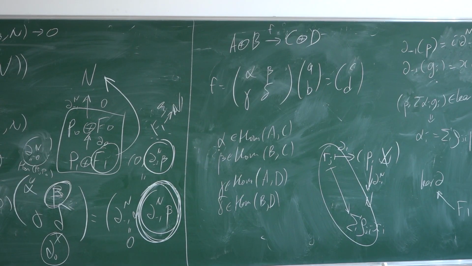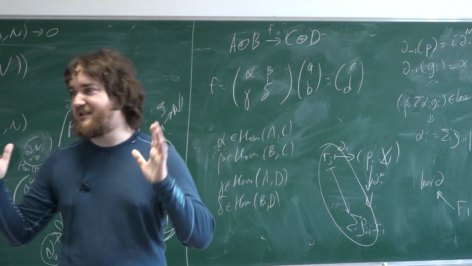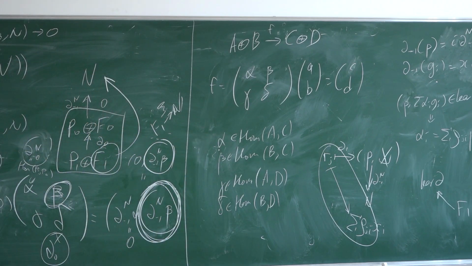You can also show the opposite direction: if you have some xi, this thing is an extension. And of course, you also need to check that these bijections are inverse to each other.